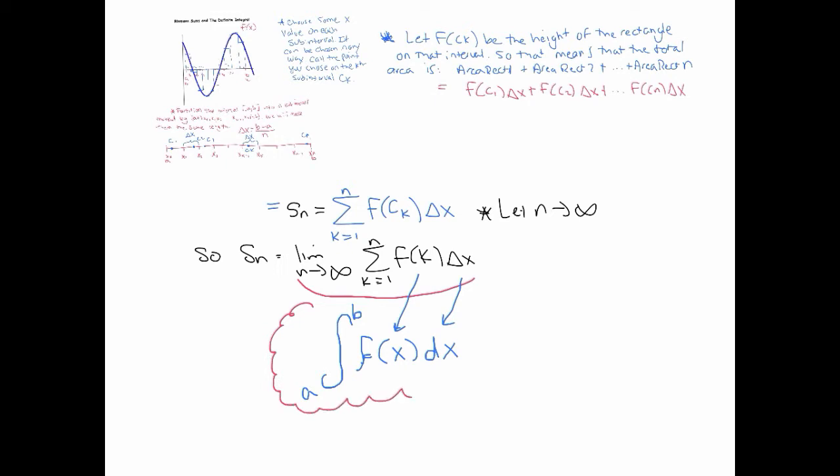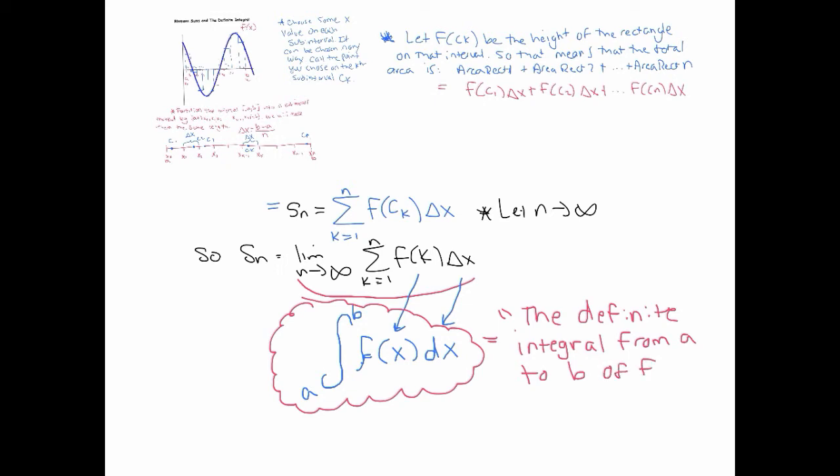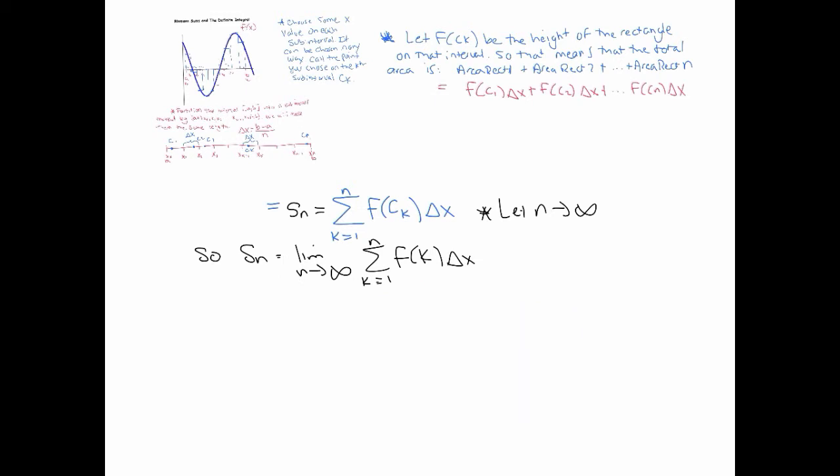So this here is called the definite integral from a to b of f of x. Or that's what we would say. This is the definite integral from a to b of f of x dx.